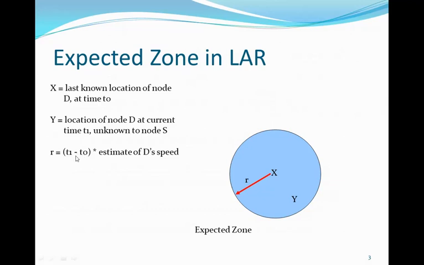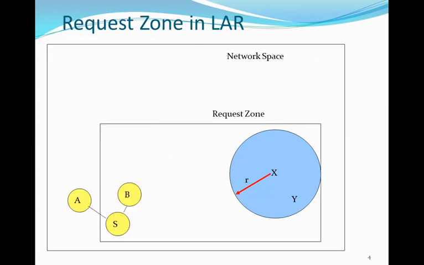So how much time actually passed while the node started its movement or mobility from that location. And here is the speed, the estimated speed of node D, which is the desired destination, that is how far node D will be from the base position.